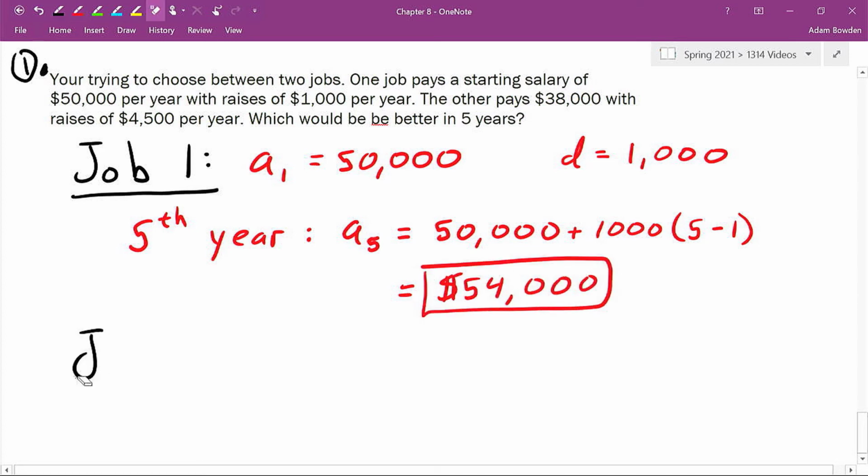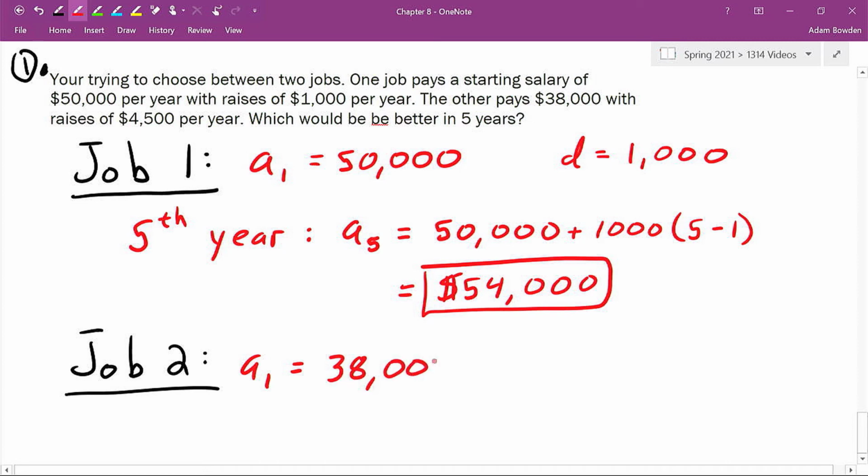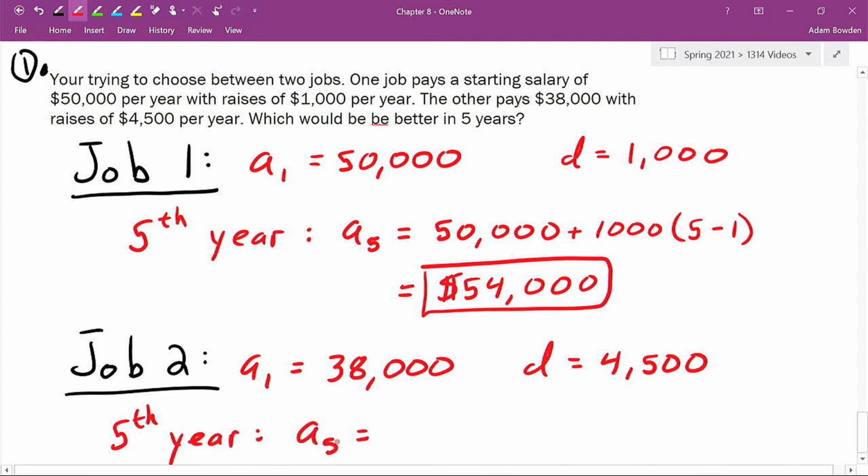For the second job, our starting salary for a1 will be $38,000. And the common difference, the thing that's added each time, is the raises of $4,500. So the 5th year salary would be calculated by taking 38,000 plus 4,500 times 5 minus 1.